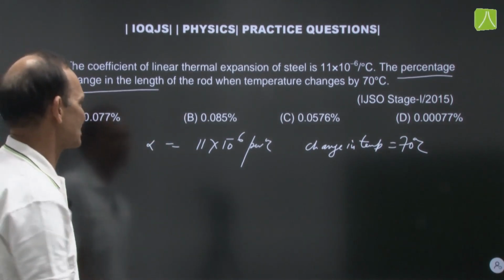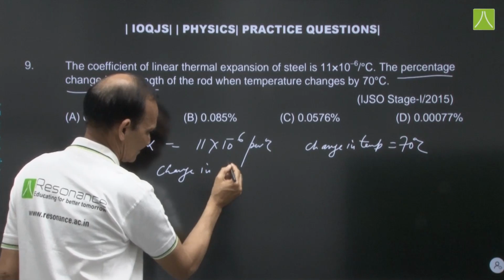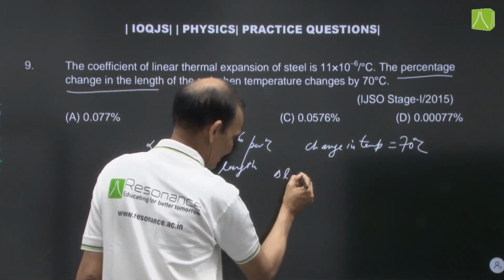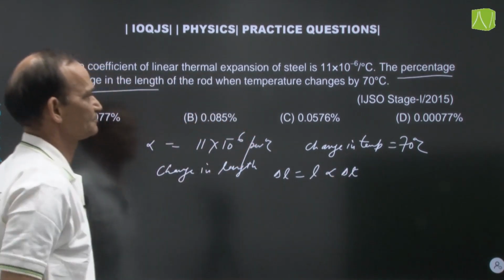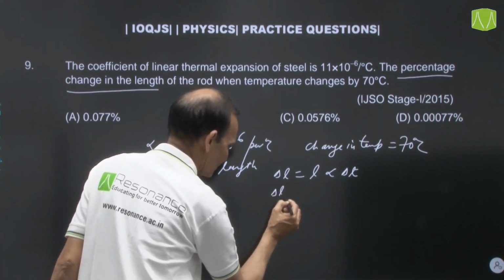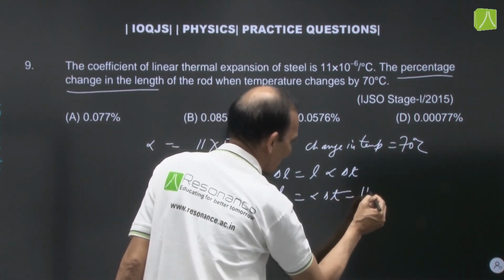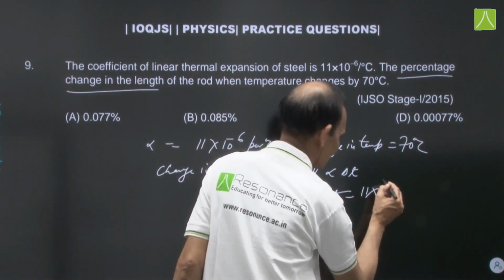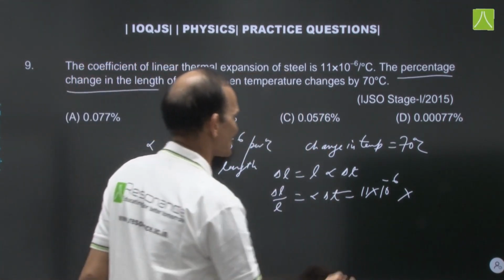We know very well, change in length, that is delta L, is equal to initial length L alpha delta T. All things are given, delta L upon L is equal to alpha delta T. Alpha is 11 into 10 raised to the power minus 6, delta T change in temperature is 70.